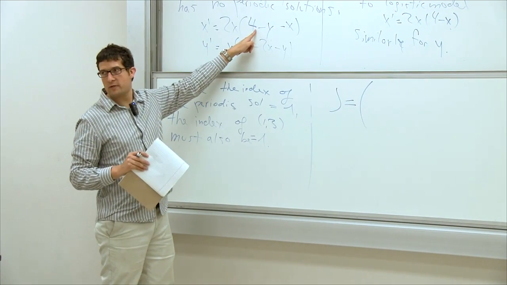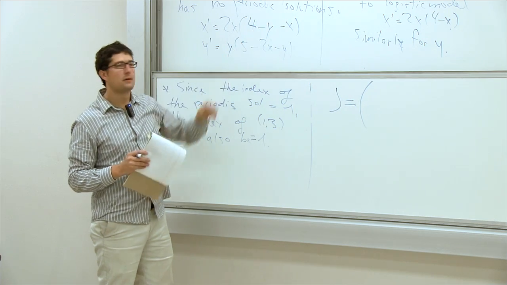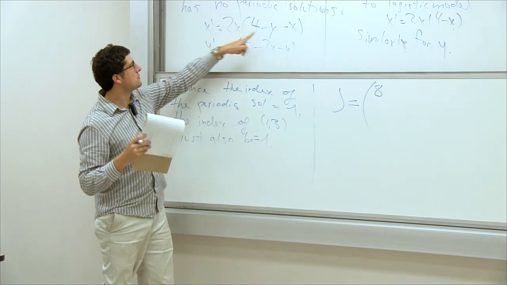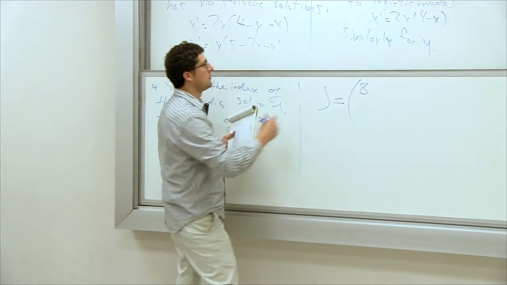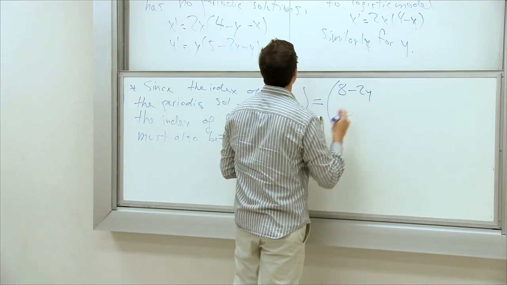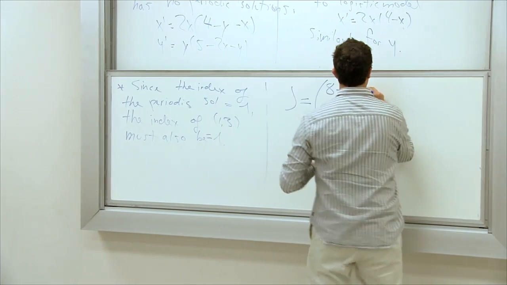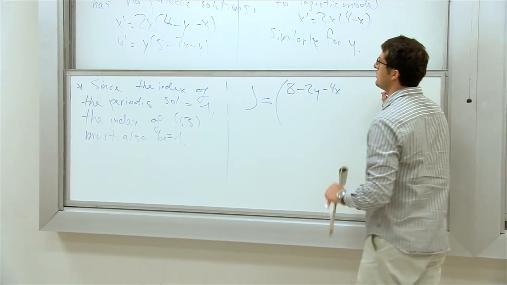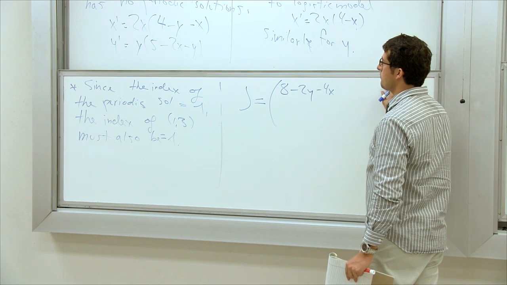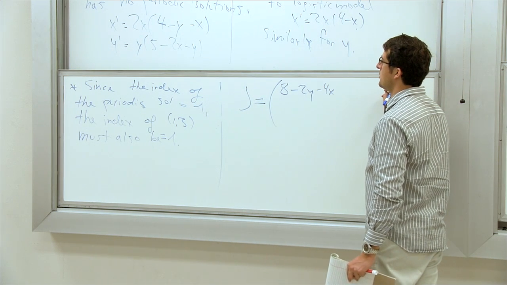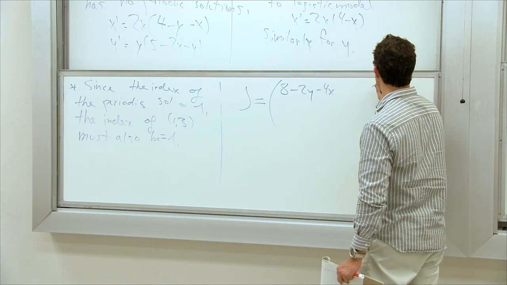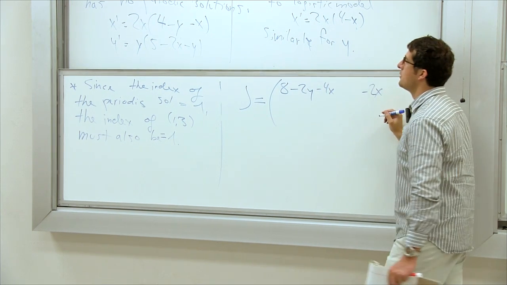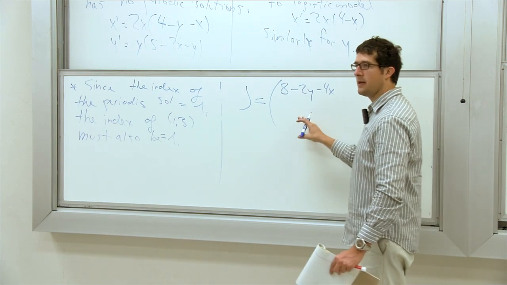So 2x times 4 is 8x, minus 2y, and then minus 4x. And then the next one would just be negative 2x. Yes, negative 2x. That's it, right? Yeah, for that.